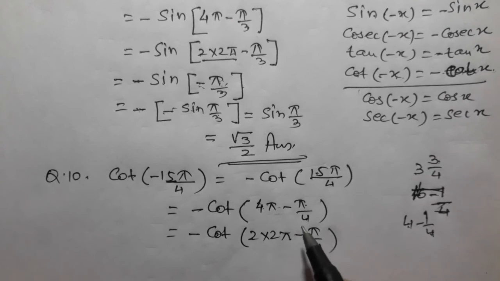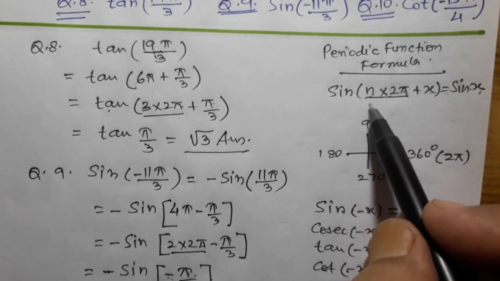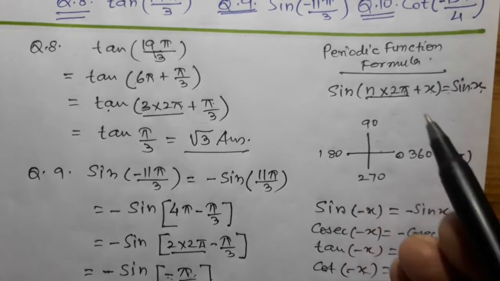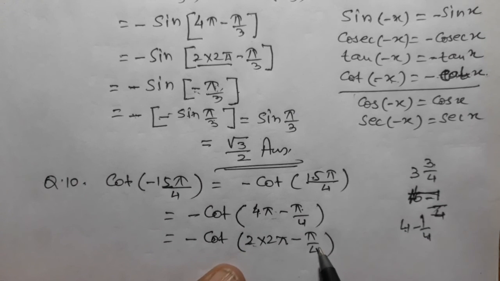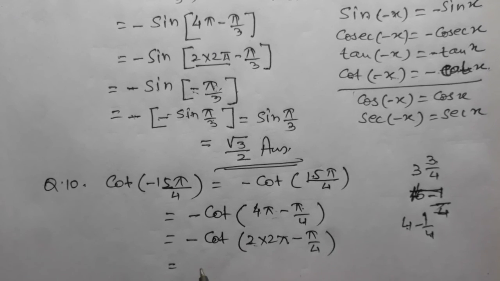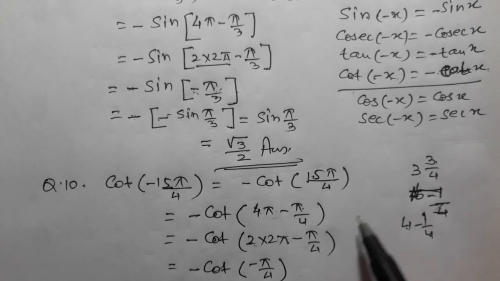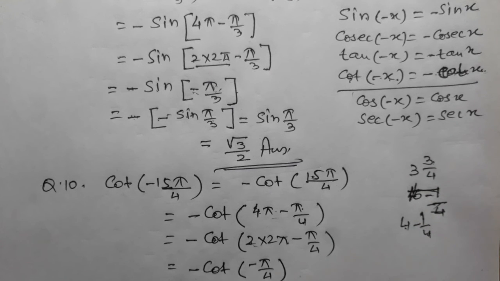Again 2 into 2 pi came, using the formula n into 2 pi, so this 2 is n. So it will be minus cot of minus pi by 4. We know that cot of minus x is equal to minus cot x, so again we shall apply this one.